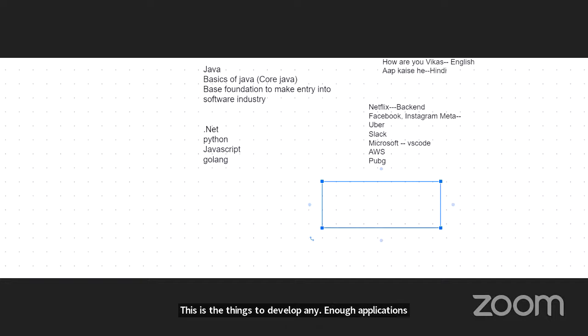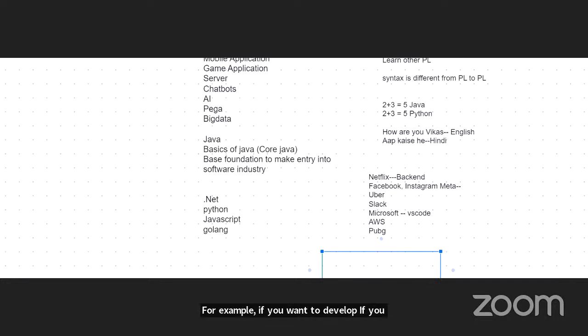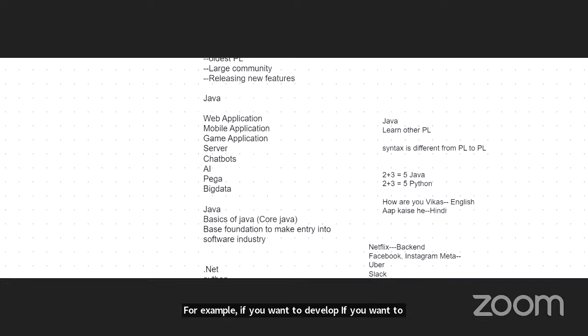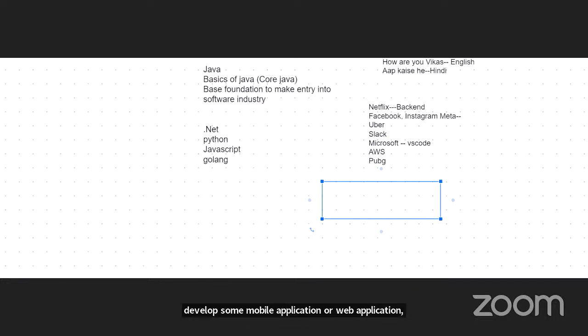For example, if you want to develop some mobile application or web application, what should you have first initially? You should have the Java software, right? If you want to develop anything, you should have software. Who is going to develop that software? The engineer. So who is going to develop the Java programming language? The engineer is going to develop this Java programming language.